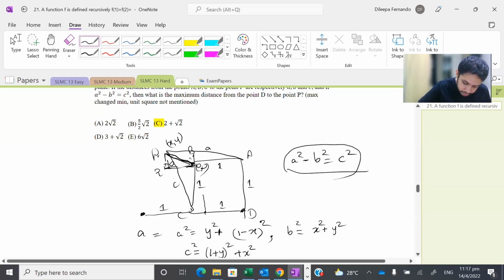We can also prove that. So you need to find the maximum distance from D. Maximum distance from D. So you know this is √2.